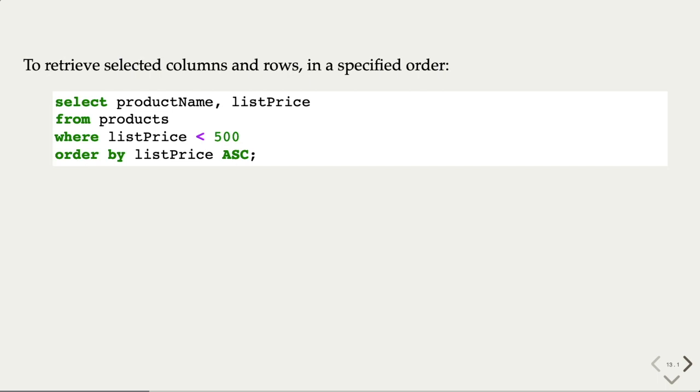And then in the end, you can sort them in a particular order. So in here, it's going to order by list price ASC, which is for ascending order. So it's going to list all the products here. And as you can see, the order is increasing, from $2.99 to $4.99, because we put this order by list price ascending.